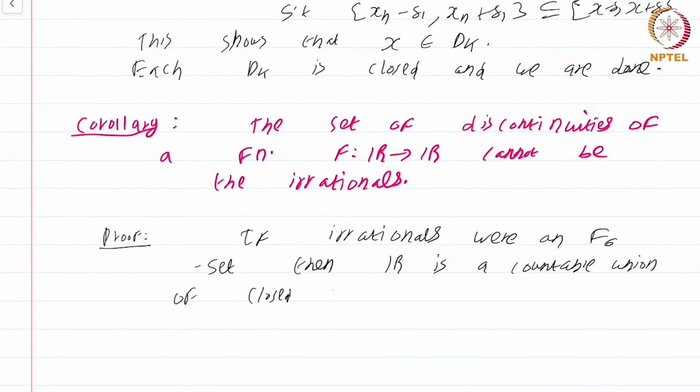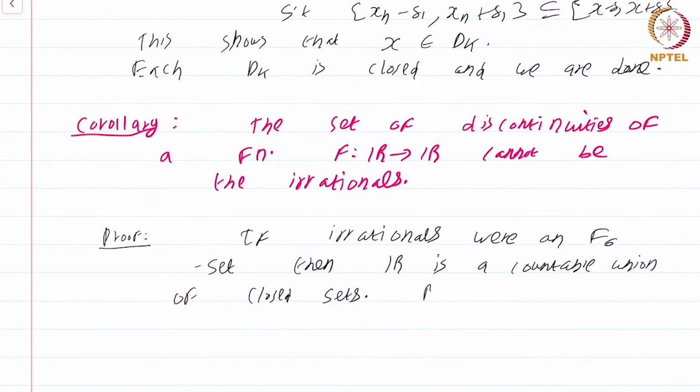Why is it a countable union of closed sets? Well, Q is a countable union of singleton sets which are closed, since Q is countable. So the irrational numbers are also going to be a countable union of closed sets because it's an F sigma. We are assuming that it's an F sigma set. That's the definition of an F sigma set.